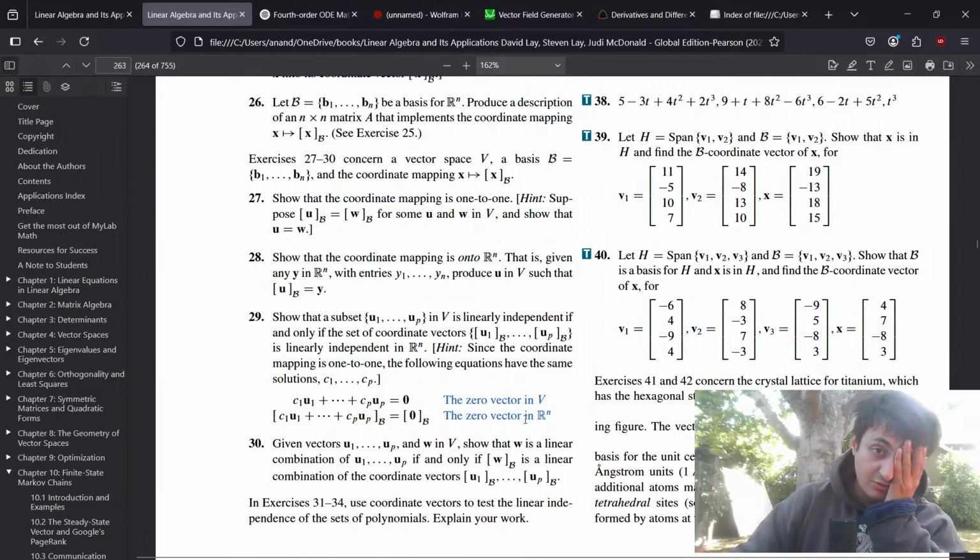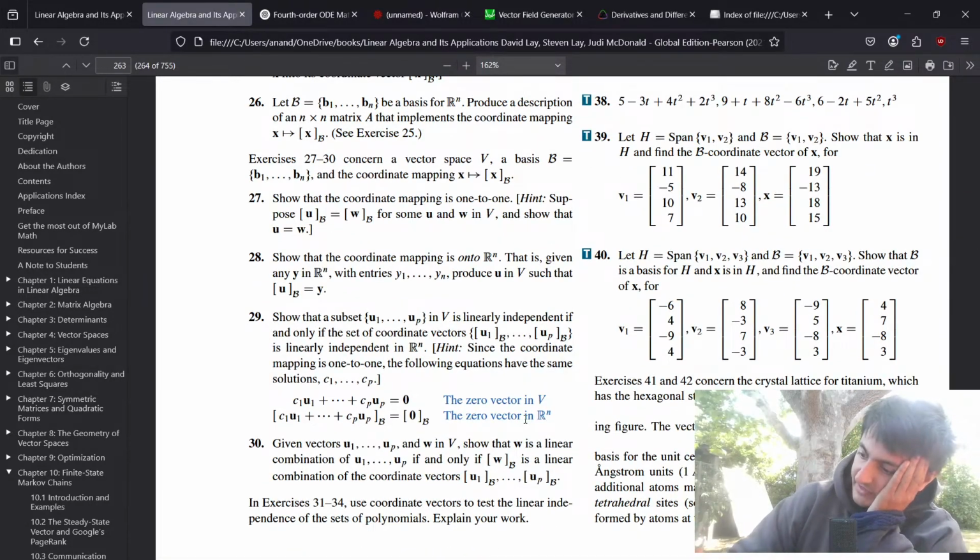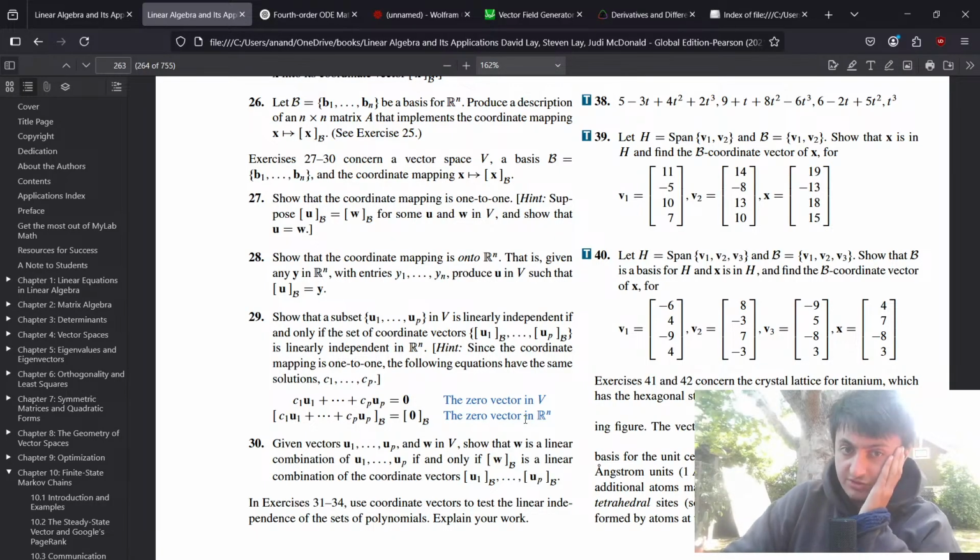Okay, so now we want to show it's 1-to-1. We suppose for contradiction that UB is equal to WB.